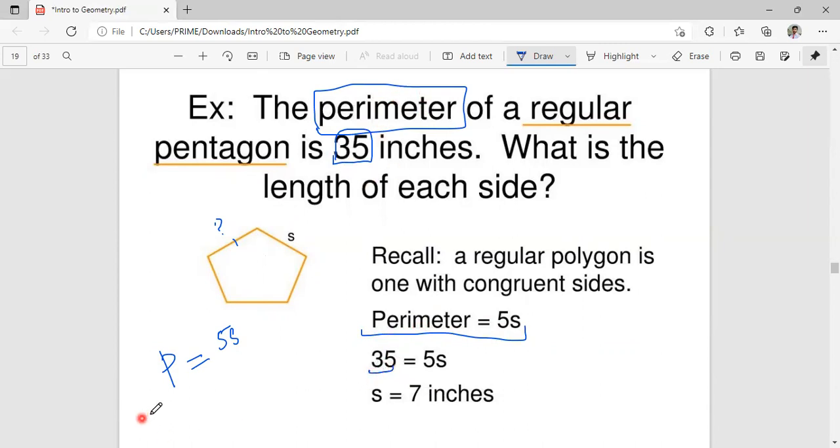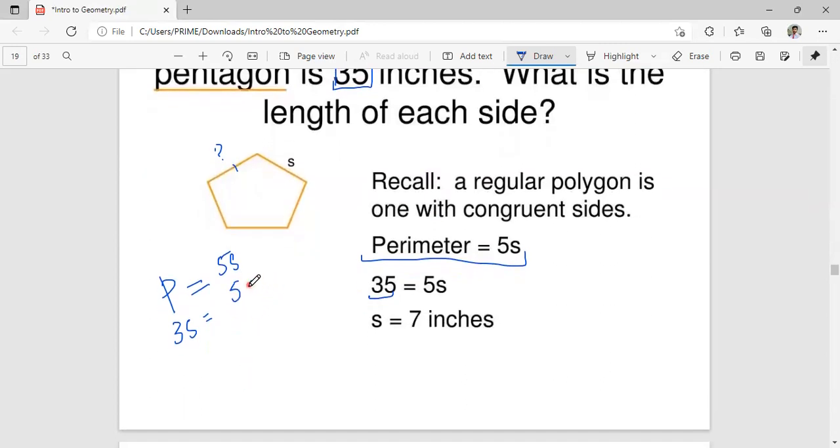I write 35 over here, then that will be equal to 5 S. First I have to find the side, so 35 equals 5 S. We have to divide by 5 on both sides. So S is equal to 7. So that will be 7 inches.